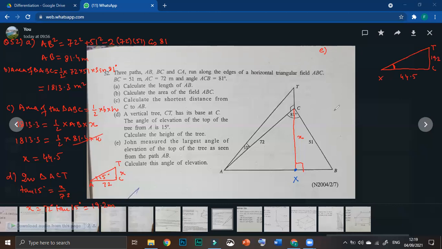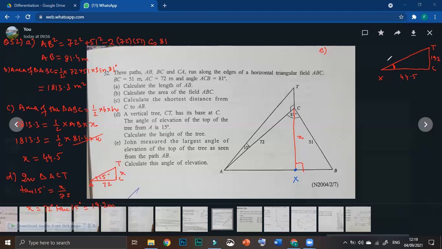When you want to find the greatest angle of elevation from any path, you will draw a perpendicular from the base to the path, CX. And then from X, you will find the greatest angle of elevation.